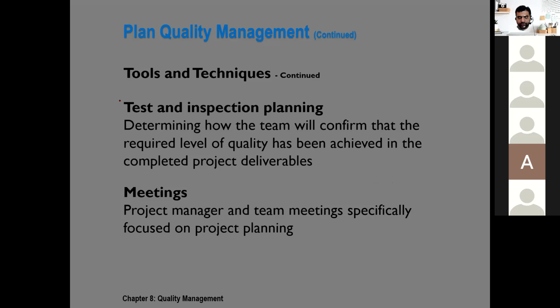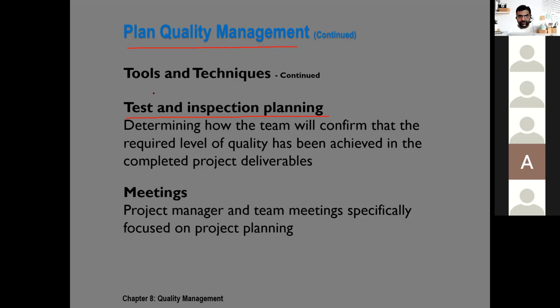Another tool and technique that could be used while we are talking about quality management planning is related to quality control and talks about testing and inspection. Testing and inspection is always one of the most important parts of any project. Normally where we have our doers, we always have our testers. In fact, you might have heard about test driven development.